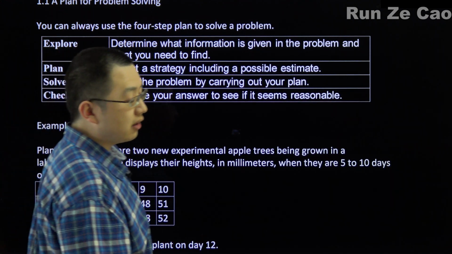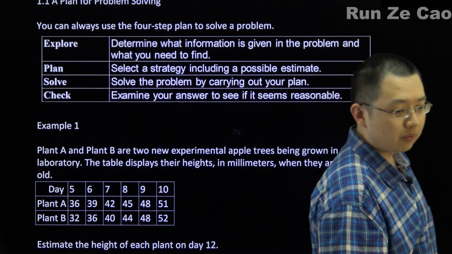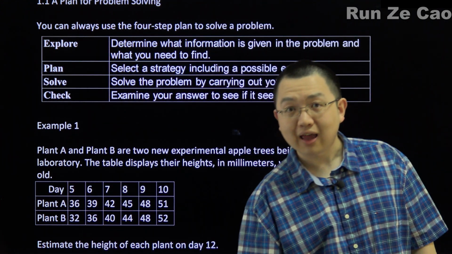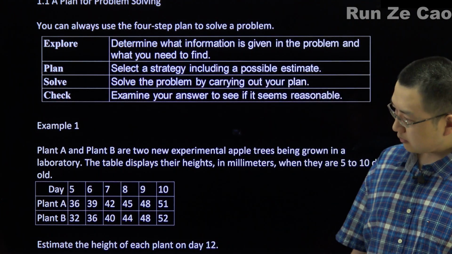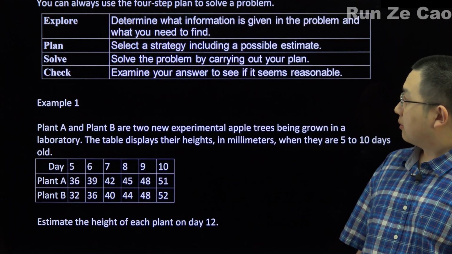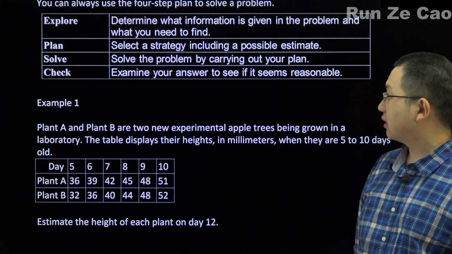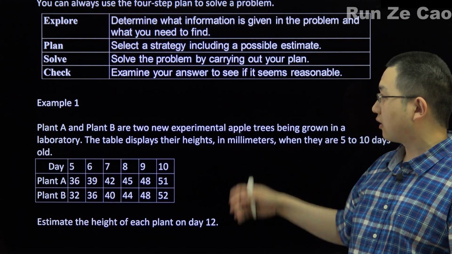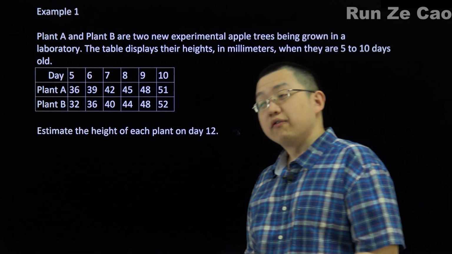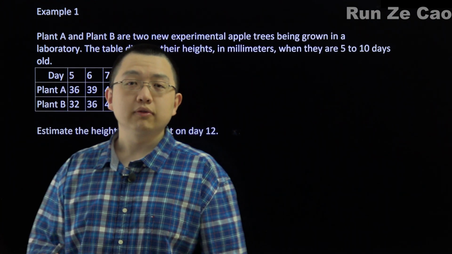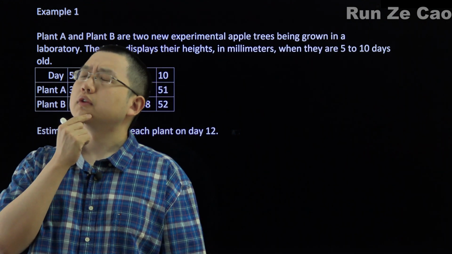This is really relevant if it's a word problem where you're supposed to have a statement at the end. The solve part includes checking in the GRASP version. But here it's presented as explore, plan, solve, and check. Presumably to emphasize the checking, because a lot of people for some reason don't do it very often.